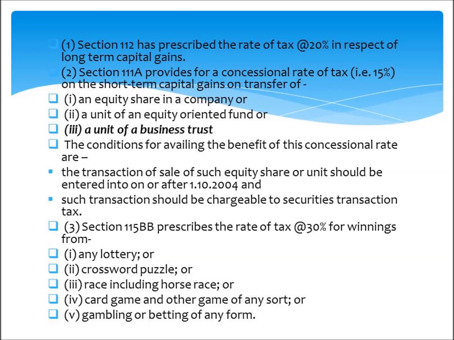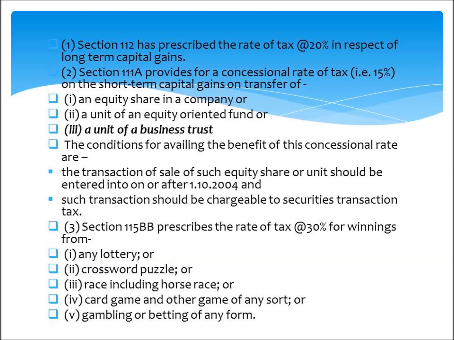The first such other type of income is long-term capital gains. Section 112 has prescribed the rate of tax at 20% in respect of such income. We have learned about the different heads of income. In that, one head of income was capital gains. Under capital gains, there are two types of gains: long-term capital gains and short-term capital gains.